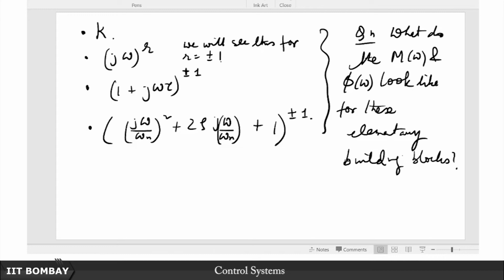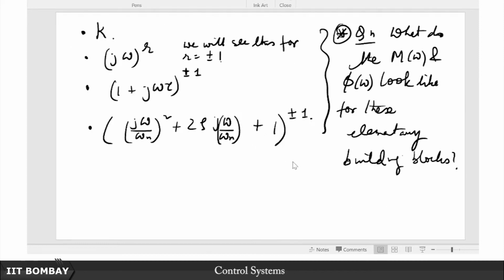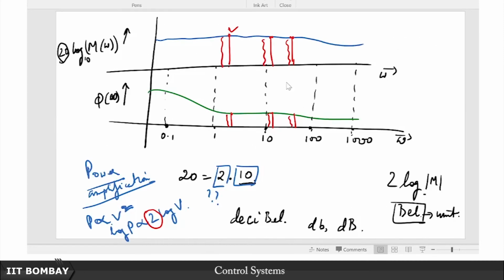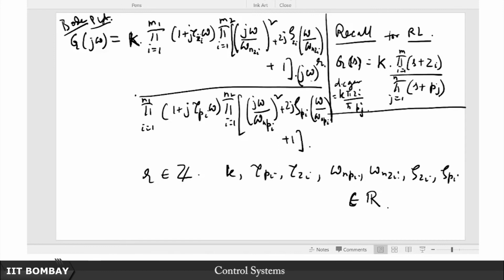As I have already said, if we have an answer to this so-called starred question here, then it turns out that given any rational transfer function, all that we need to do is, on the semi-log graph paper, just add up terms or plots like these. So if we can characterize what plots for these individual blocks look like, then we can plot for any arbitrary rational transfer function given to us.